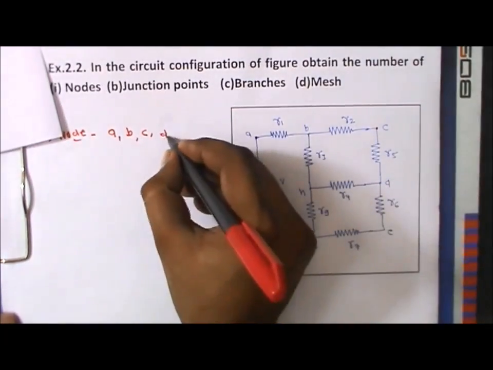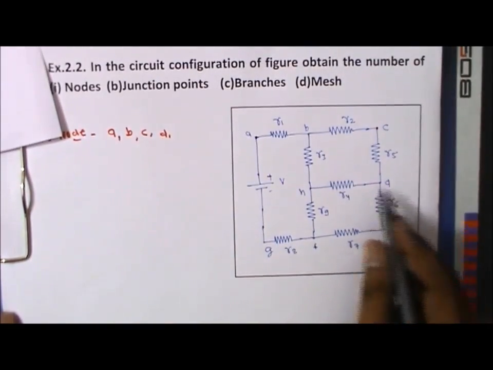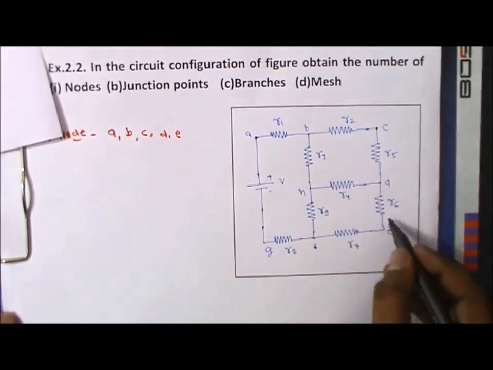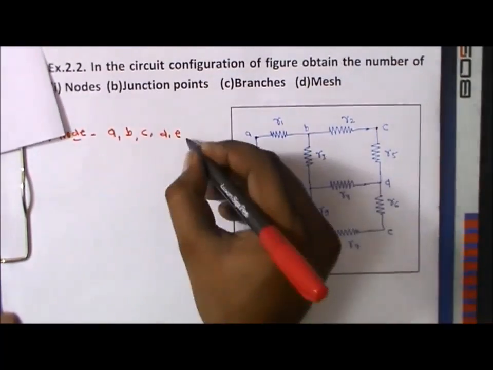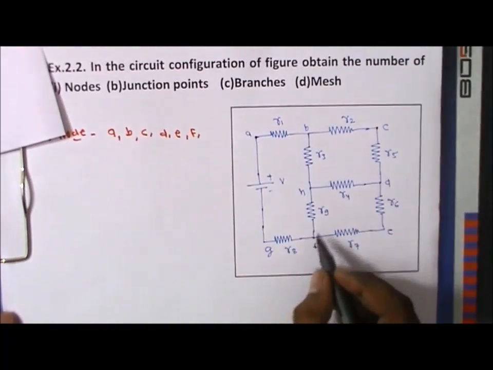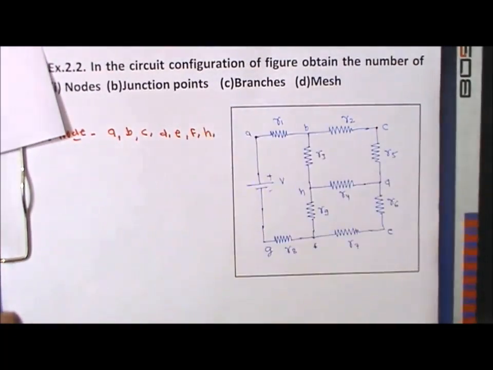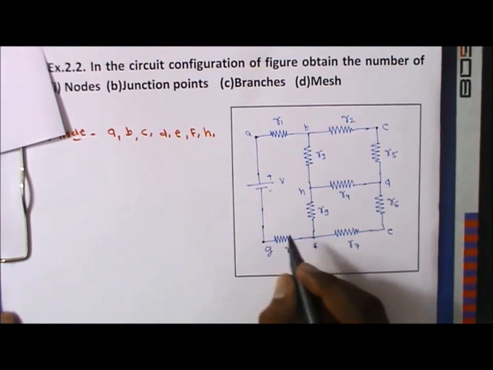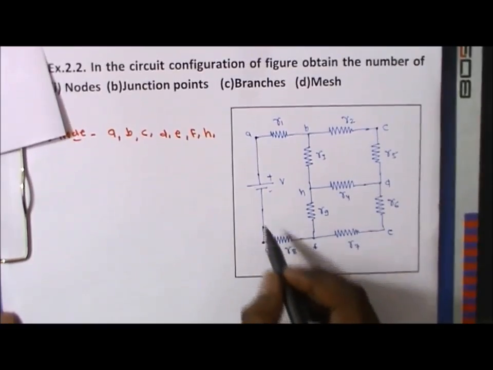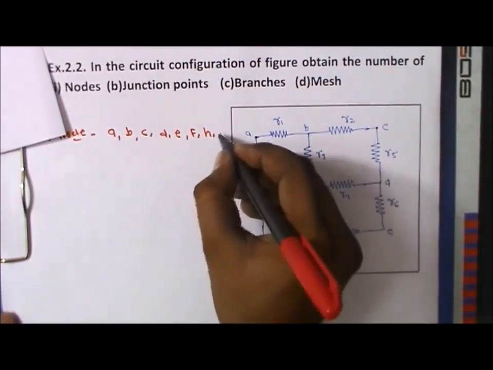D is the node. This is A, B, C, D, E. E is the node because R6 and R7 are joined. F is the node because three elements are joined. H is the node. Now G is the node because V and R8 are joined with the help of this node. So G is the node.